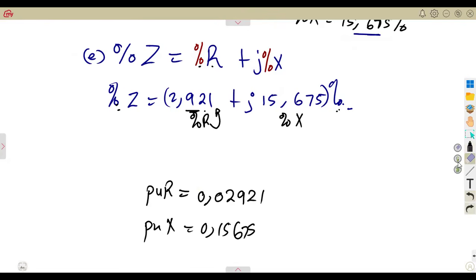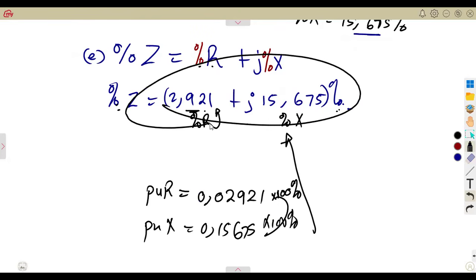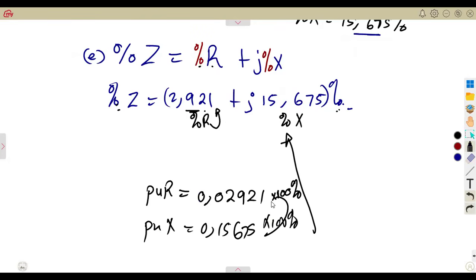You divide. From per unit, going back to percentage, you multiply this. If you have this per unit resistance, per unit reactance, guys, do not even waste much time. Just multiply 100%. They are now percentages. You substitute them. You find your percentage impedance.